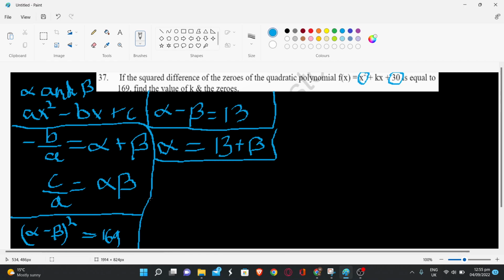So I'll write this here, c is equal to 30, a is equal to 1. Now as you can see, c by a is equal to alpha times beta.